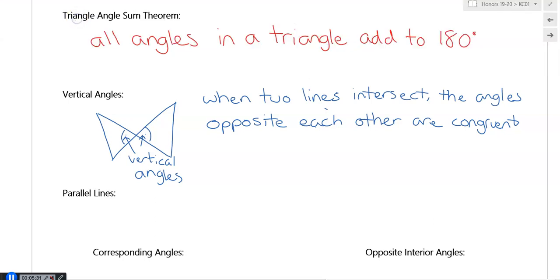Okay. So in the same way, this angle and this angle are also congruent, but these angles are not part of our triangle, so it's not as important as these angles.